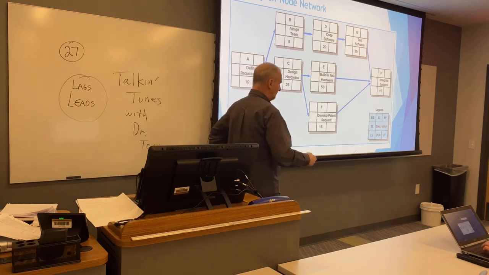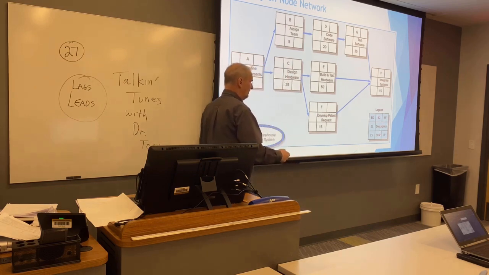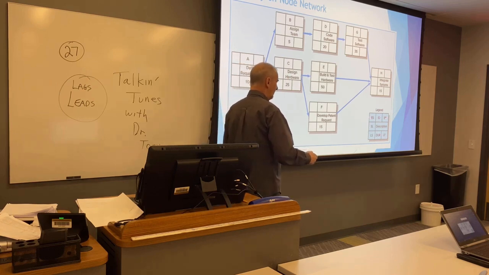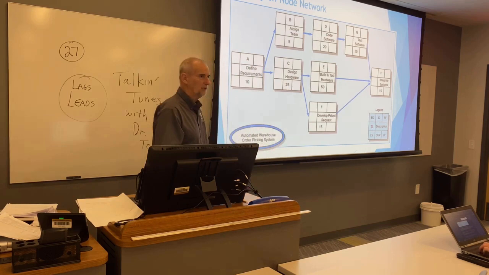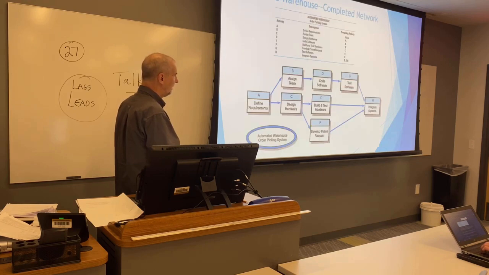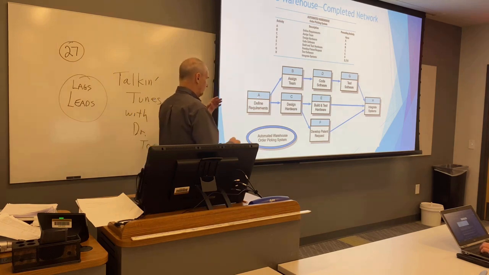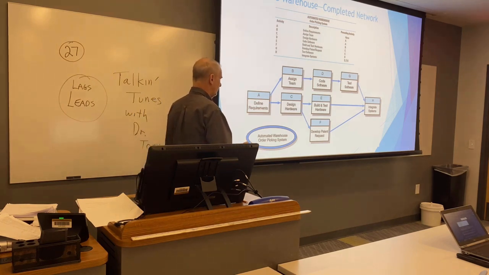You write the description, you put an ID number, its letter, you put its duration, how long it's going to take, then you compute early start, early finish, latest start, latest finish, and slack. Okay? That's what you're going to do. So that's what we're going to do right now for the next few minutes. So here we go. We got our diagram. It's exactly like what you just saw here, but now you're having those 8 sections in each one of these boxes instead of just 2.